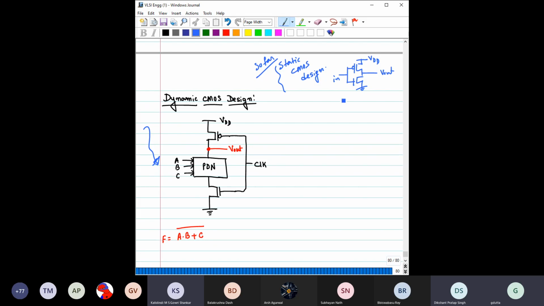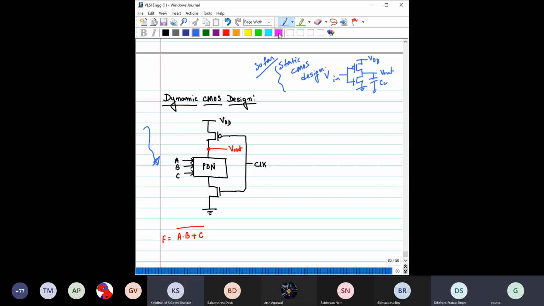So here you have the input and the output. You change the input, and immediately the output will change. You have a pull-up network and a pull-down network. The pull-up network charges, and the pull-down network discharges the load capacitor, CL. We know all the details.